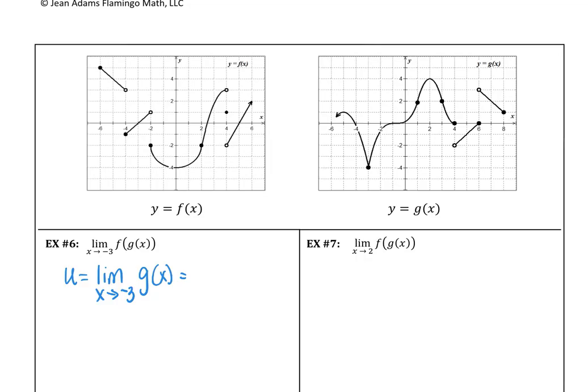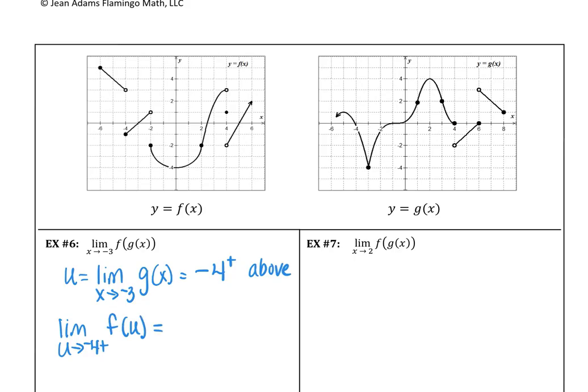Now g of x is over here, and as we approach -3, our limit or y value is approaching -4 from above, since the values are getting larger as we get closer to -3. Then for the outside function, we want the limit as u approaches -4 from above of f of u.